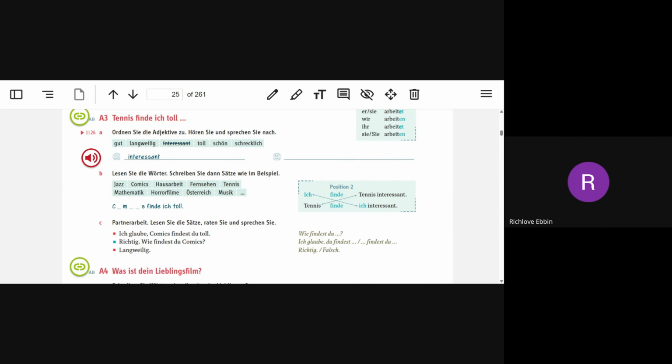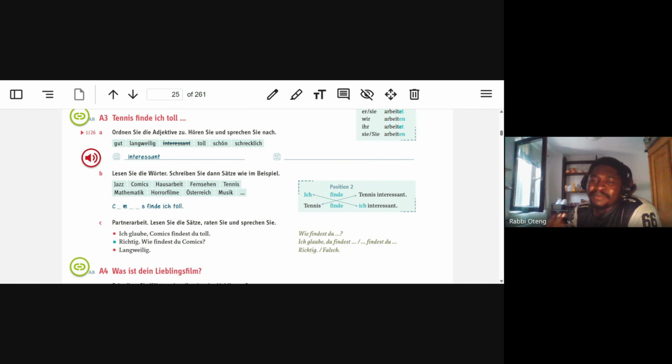So you don't necessarily have to use the verb finden. Germans like saying "ich finde", "ich denke", "ich glaube", often because they are not sure of themselves.